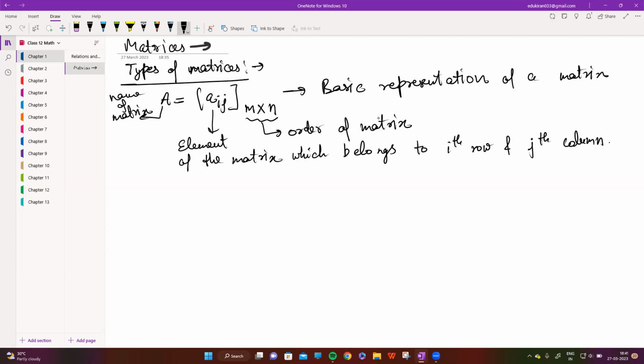So we were done with this basic definition of matrix, and we were talking about types of matrices. We learned that it can be called a row matrix if there is only one row involved, that is, if the order is 1 cross n.